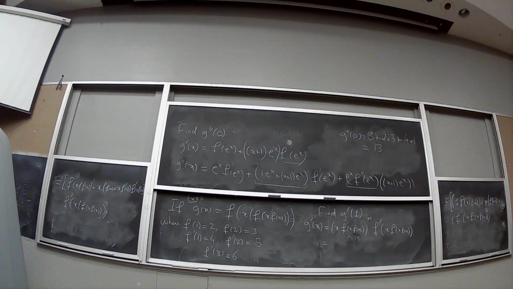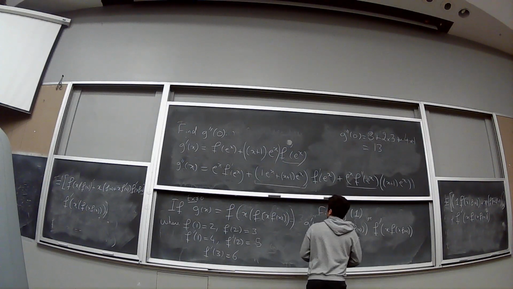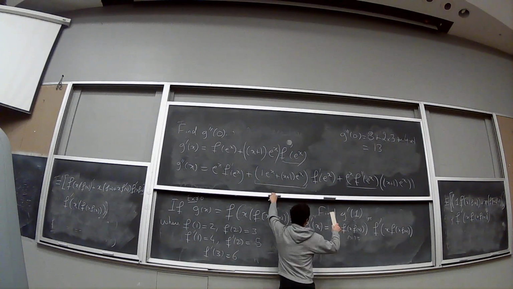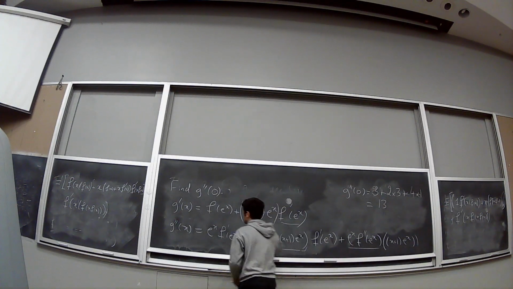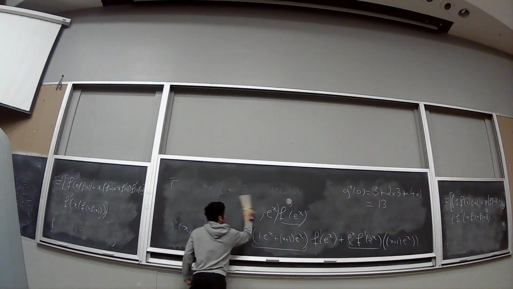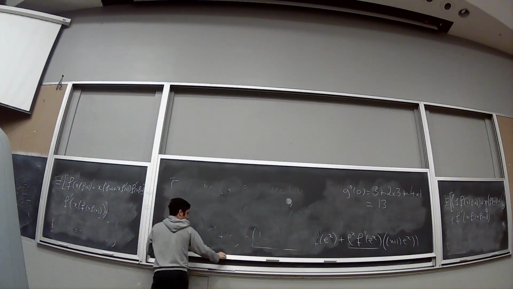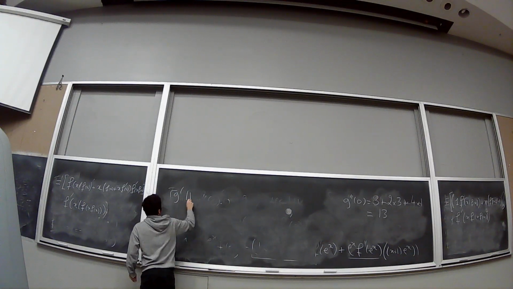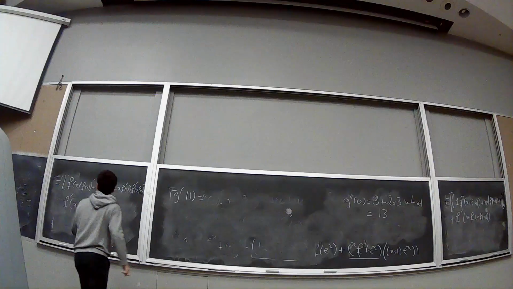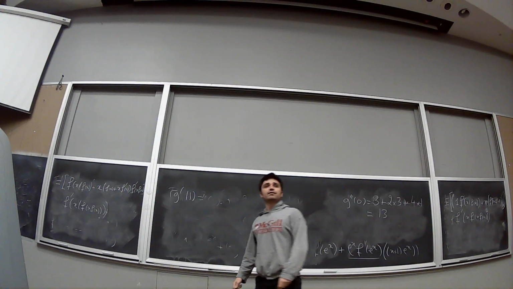Now let us evaluate g prime. What do I need to find? Find g prime of 1. So g prime of 1, what is that equal to? What is f of 1?